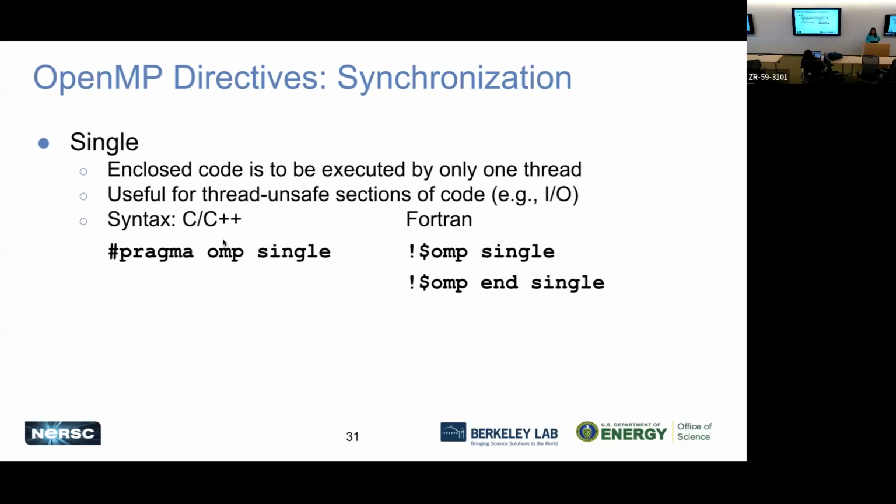Then single. So you can do OMP single. Single is useful if I want only one thread to write something, especially for the things that we call thread unsafe, meaning OpenMP has lots of implicit memory model, and from time to time with a synchronization, it allows you to have some in-between different values. The value of a variable can be different depending on where you are.